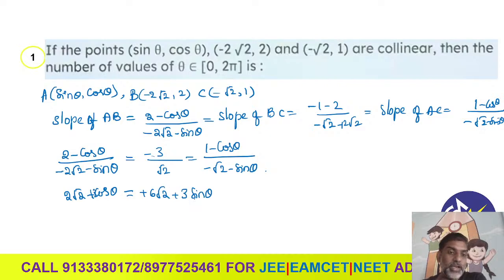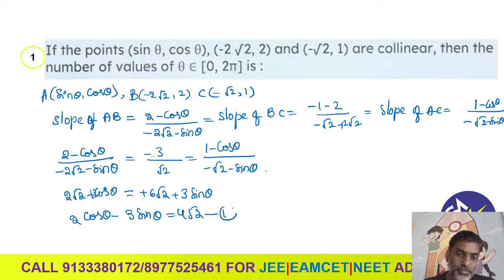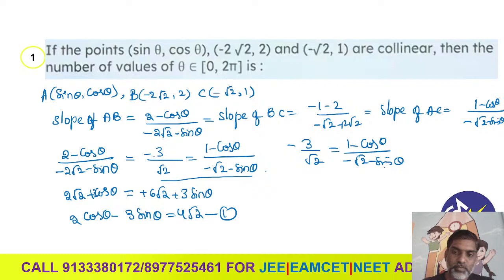Okay, and from this you can write this as 2 cos theta minus 3 sin theta equal to 6 root 2 and 2 root 2. We can get here 4 root 2. Let it be first equation. And next, the last two, if we consider, minus 3 by square root of 2 equal to (1 minus cos theta) divided by (minus root 2 minus sin theta).